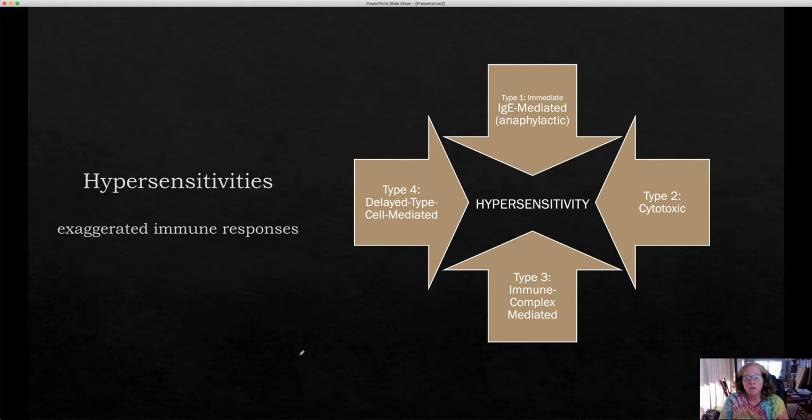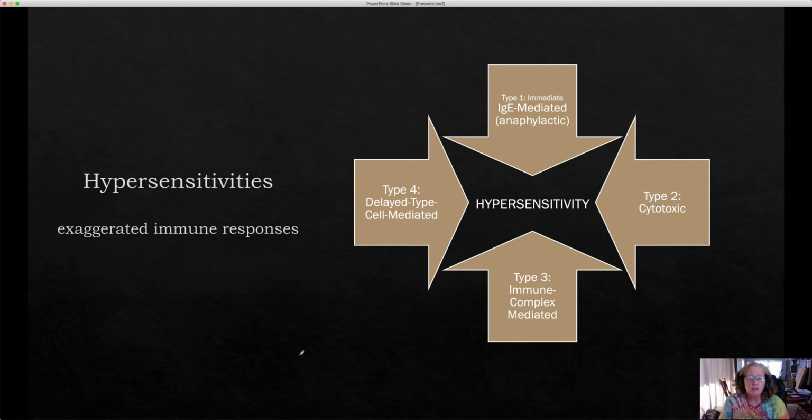Type 1 is what's referred to as an immediate or anaphylactic reaction. When we think of anaphylaxis, we think of allergies to things like bee stings or say penicillin. Those are injected allergens or systemic anaphylaxis. There are other less severe forms of anaphylaxis. This includes hay fever, asthma, even some skin reactions.